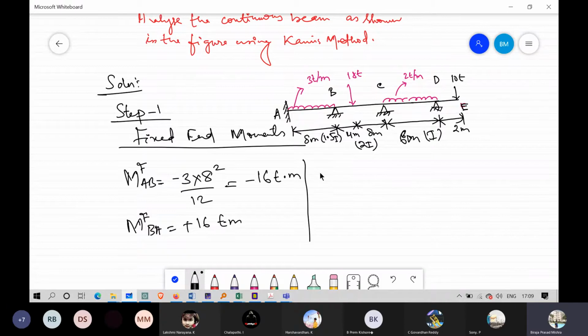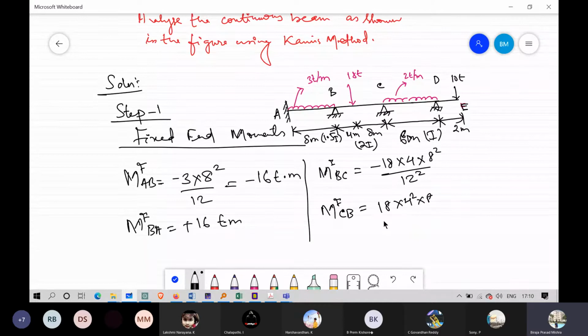Like this, MFBC equals minus 18 into 4 into 8 square divided by 12 square, and MFCB equals 18 into 4 square into 8 divided by 12 square. So this is coming as minus 32.